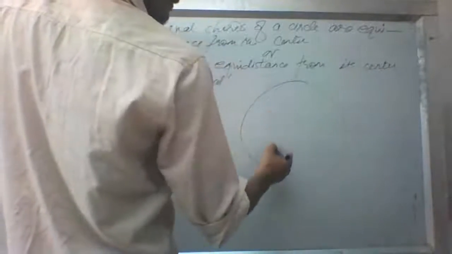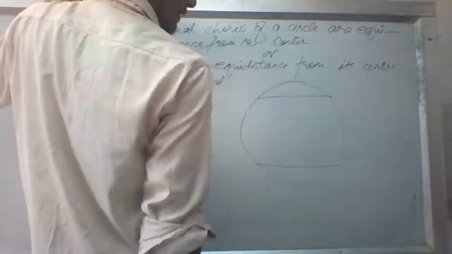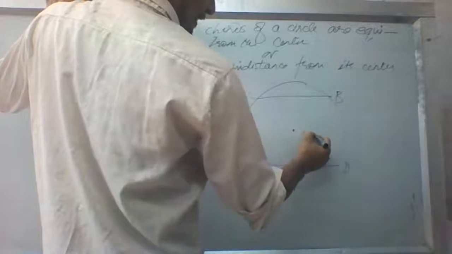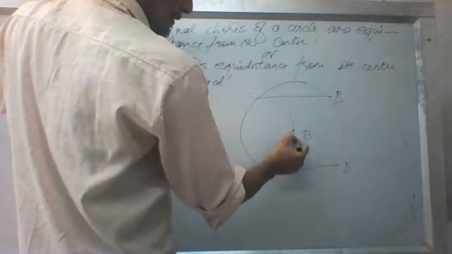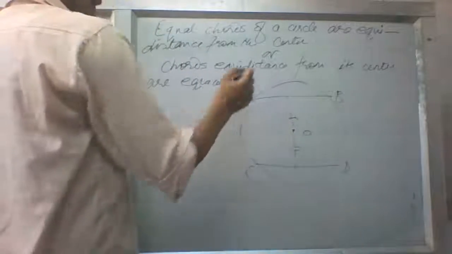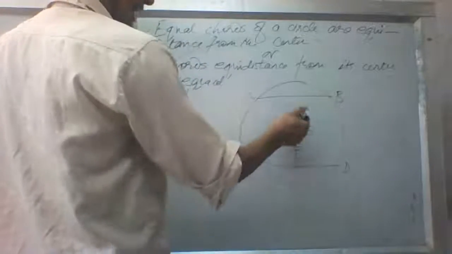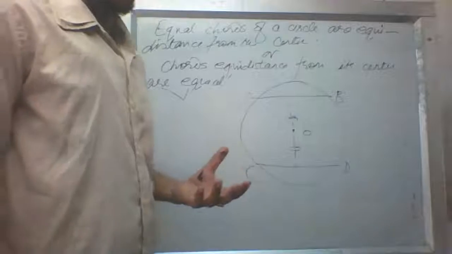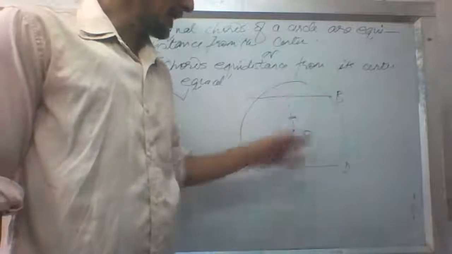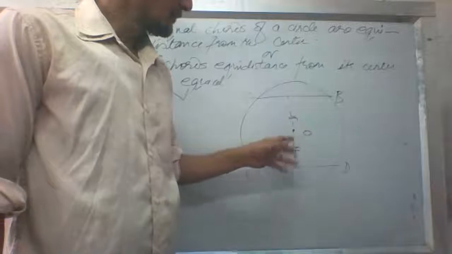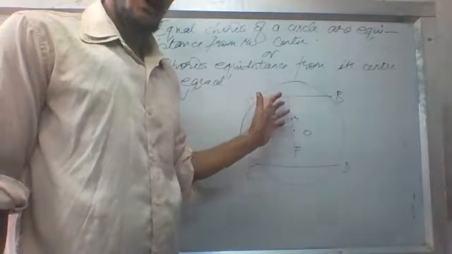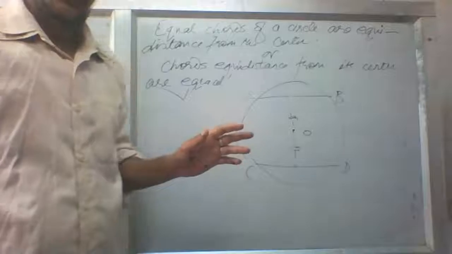Means if this is a circle, and these are equal chords AB and CD, and this is the center O, if the distances are equal, meaning this side is equal to this side, then the chords are equal. If the chords are equal, they are equidistant on both sides. If the chords are equal, the distance is equal. If distances are equal, it means the chords are equal. This is a theorem. Got it?